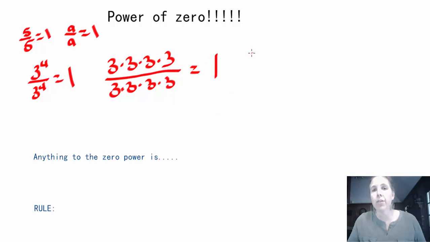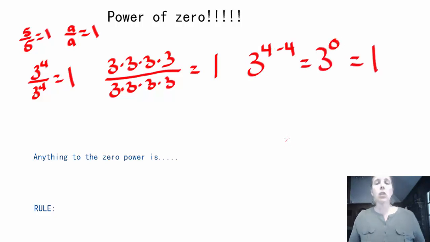Or if we used our actual rule, 4 minus 4, which is 3 to the 0 power, which is 1. You don't have to know that. This is just showing you why anything to the 0 power is 1, because technically it could be b over b or b squared over b squared. Anything that would give you the 0 power would end up being 1.